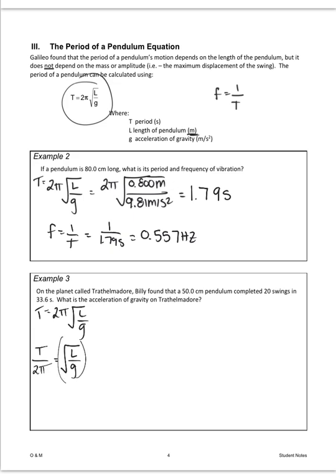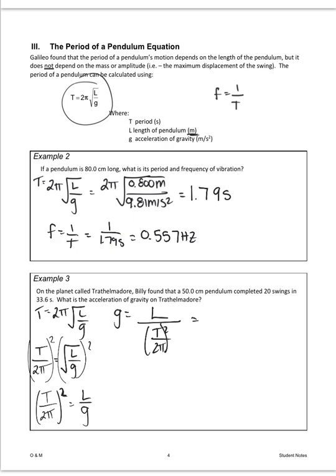Now we're going to square both sides. You have to square the entirety of these fractions, so you get T over 2 pi, squared, is equal to L over g. Now, to get g by itself, g is equal to L divided by T over 2 pi, all squared.